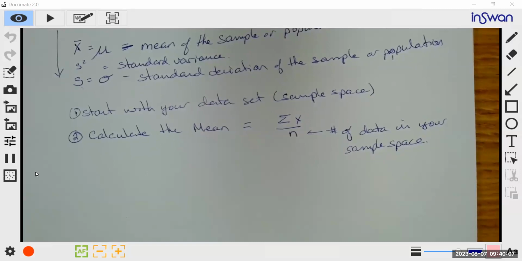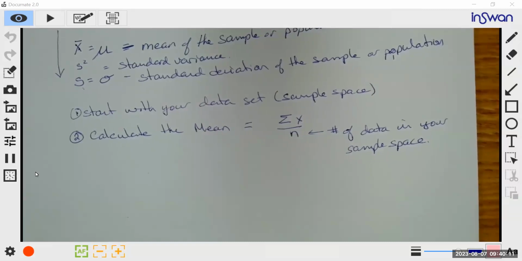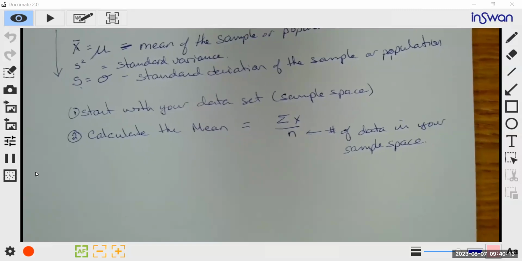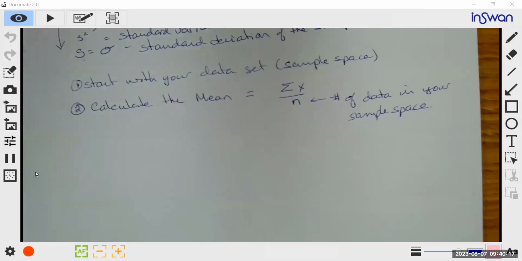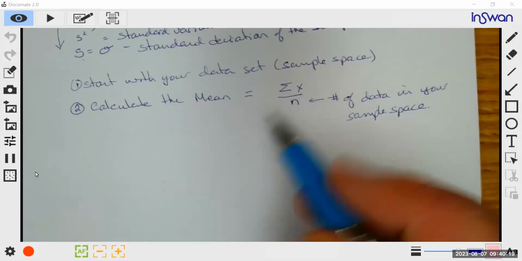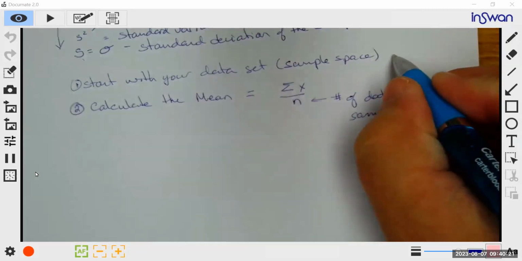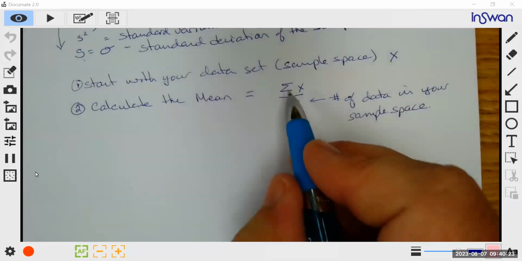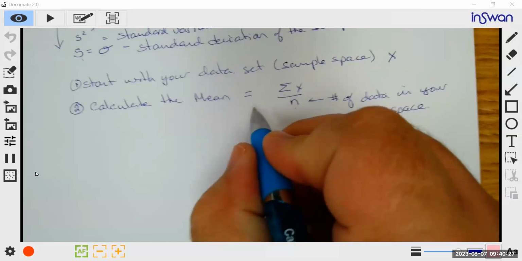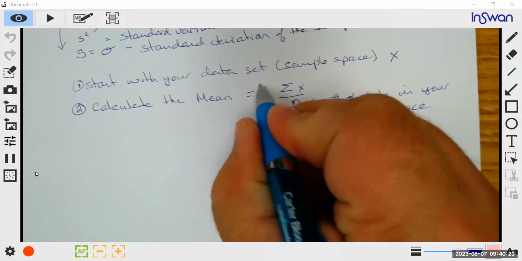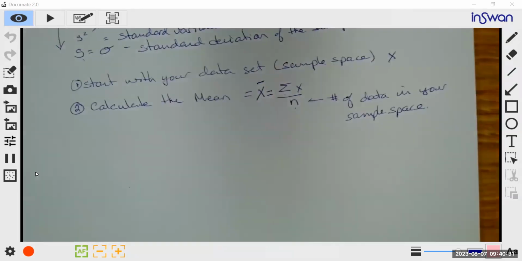A cardinality is simply a number, a solid number that depicts how many data sets you have. All right, so we start with our data set. These are the X's. Add up all the X's and divide by how many you have. That finds a mean. X bar is your mean.